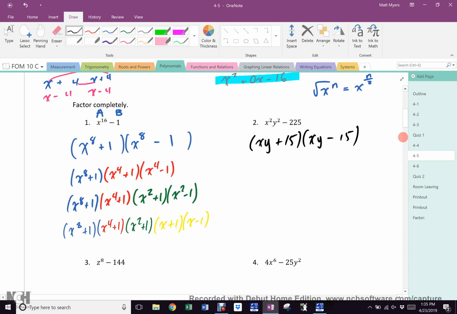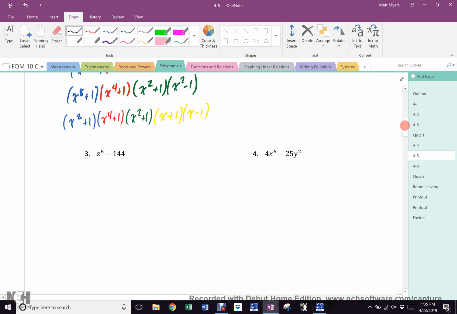Let's look at number 3. What's weird about number 3? There's 8. Is that a perfect square? Sure it is. How do I make it a square root? So it's z to the plus 12, and then, and I'm done, right?